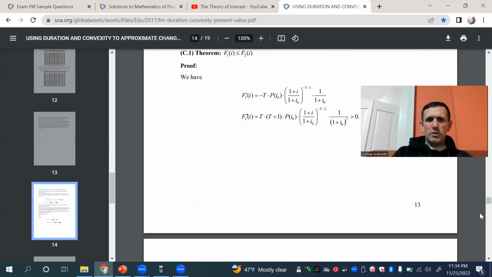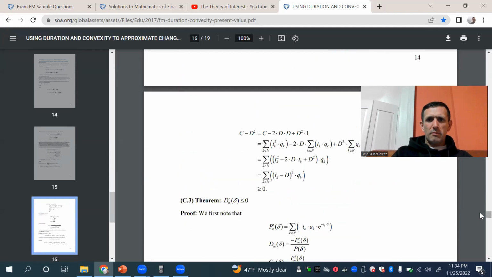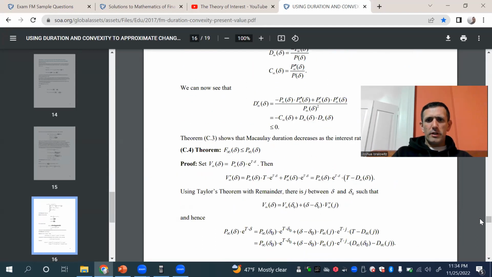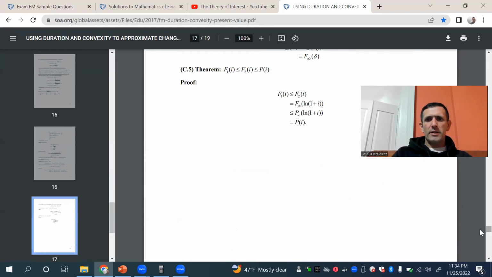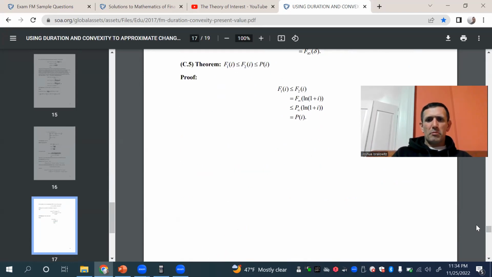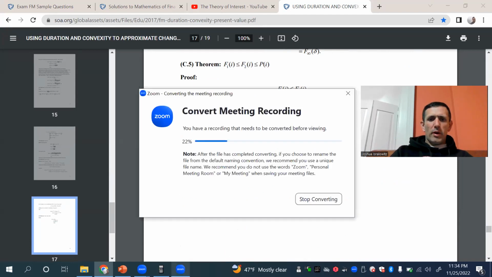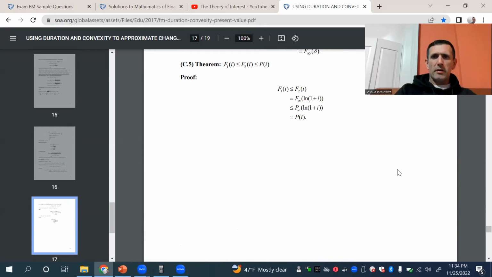Takes a few pages to do it actually, but it might be interesting if you're a theoretically math oriented person. Anyway, I don't want to get into that.